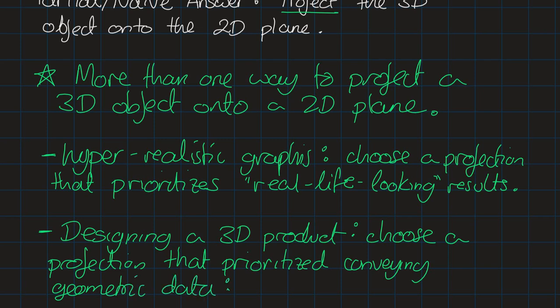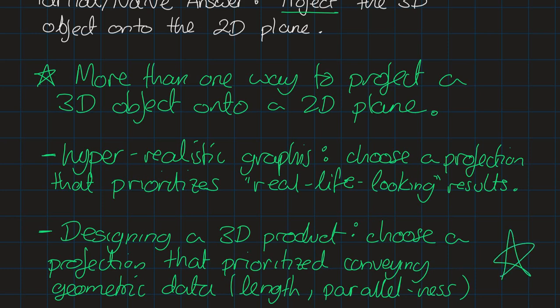So stuff like length and parallelness. Right? If you were drawing a blueprint for a 3D product, then maybe the most important thing is conveying its dimensions, its length, width, height, and also whether certain lines are parallel or not. And maybe you would choose to use a different type of projection in this case than you would in the first case.